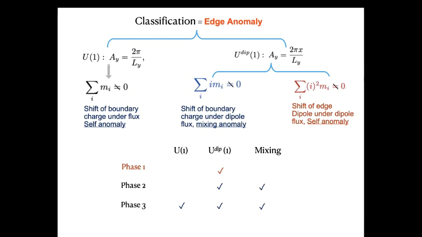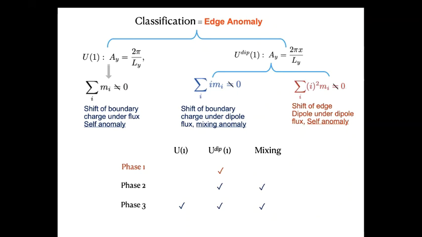Mixing anomaly, yes. And the problem here is if you have a mixing anomaly, the U1 anomaly itself must be present, because, if you have a mixing anomaly, then the dipole anomaly itself must be present. You can say that for spin, we can imagine it's a magnetic monopole and the monopoles are separated apart, but for that problem, the spin is an internal degree of freedom which commutes with any translation and rotation symmetry.